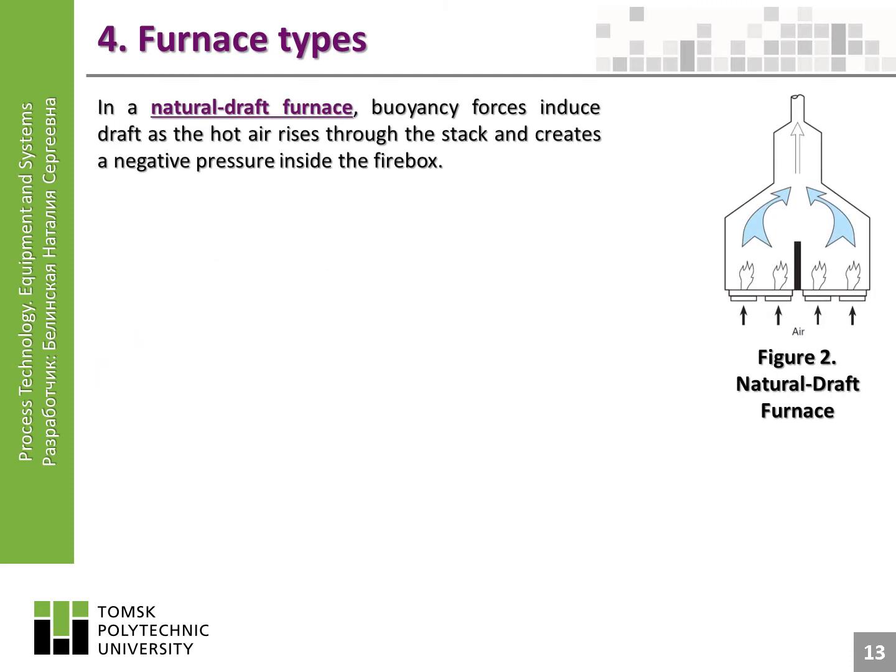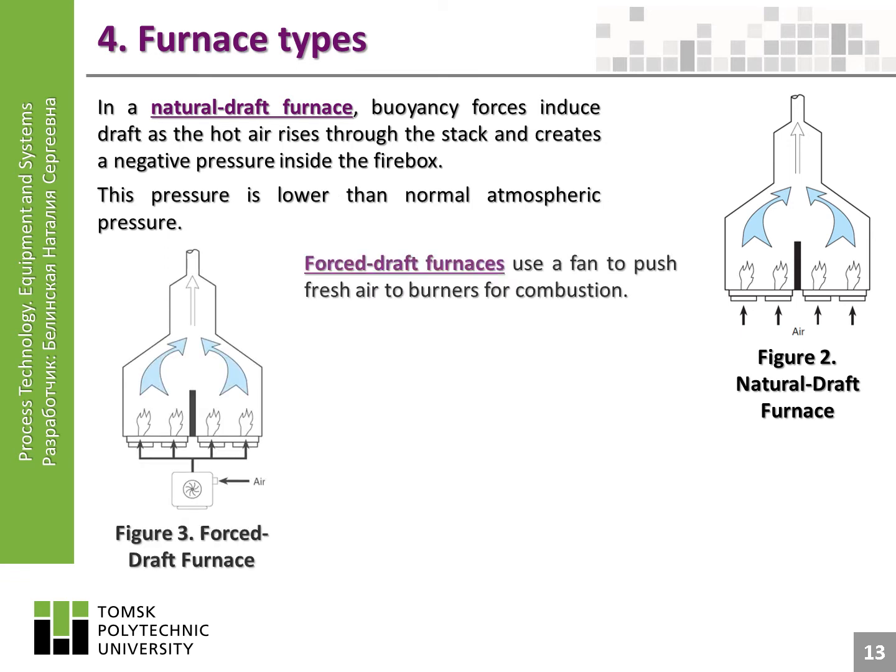In a natural draft furnace, buoyancy forces induce draft as the hot air rises through the stack and creates a negative pressure inside the firebox. This pressure is lower than normal atmospheric pressure. Forced draft furnaces use a fan to push fresh air to burners for combustion.